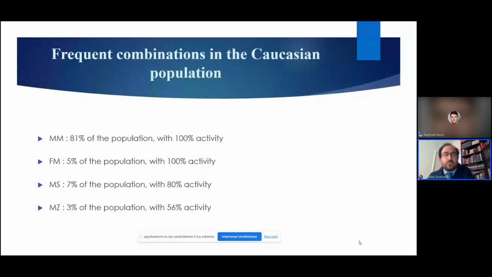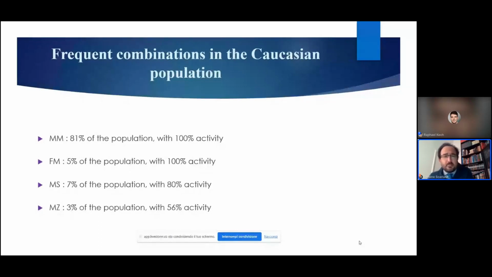Then we have to remember that there is the heterozygosis for S variant, the so-called MS, occurring in 70% of the population, that is not considered a pathological pattern because the protein activity is quite high, around 80%.